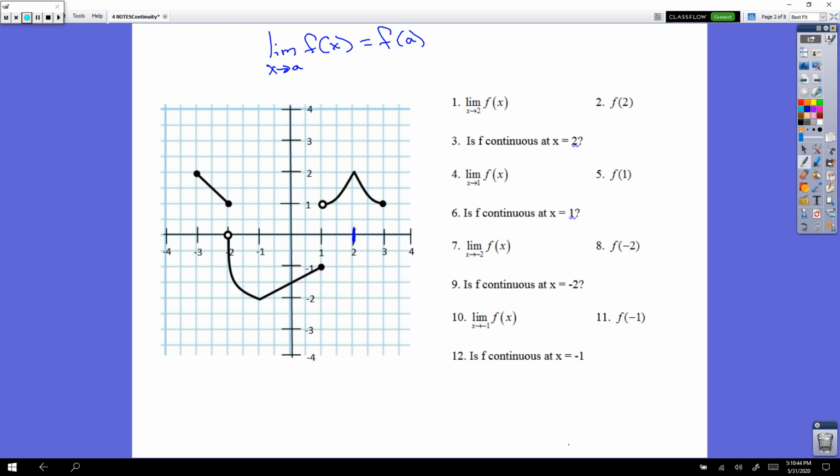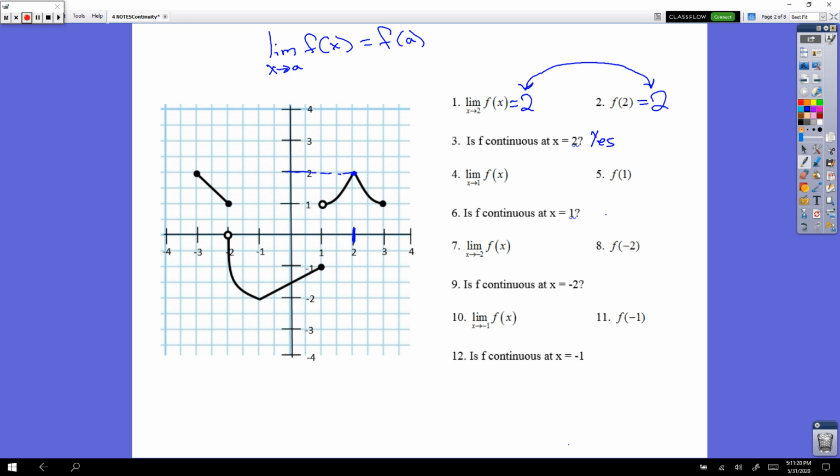So the limit as x approaches 2 of f of x equals 2, right? And f of 2, right? When x equals 2, the y value is 2. Now, since these two things are equal, the question number 3 here is, is f continuous at x equals 2? We would say yes, because the limit as x approaches 2 and f of 2 are the same thing.